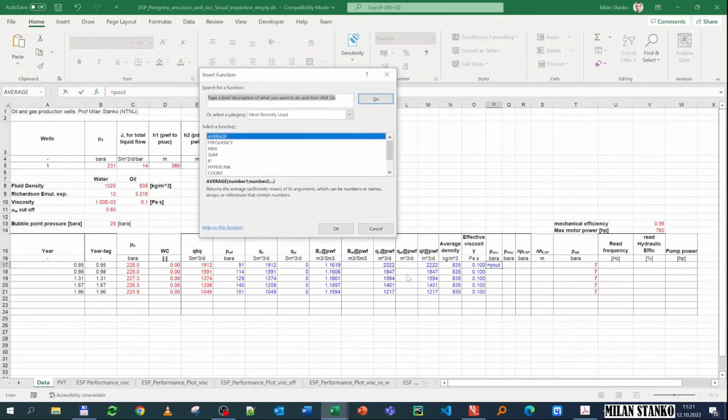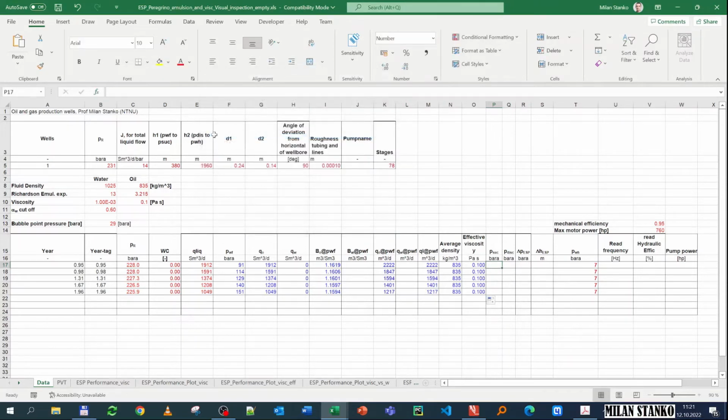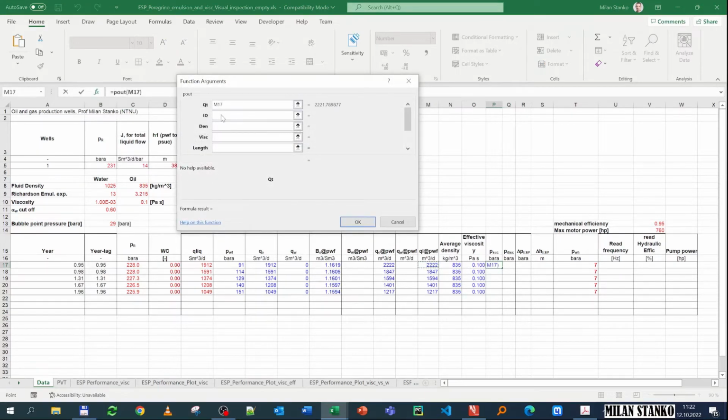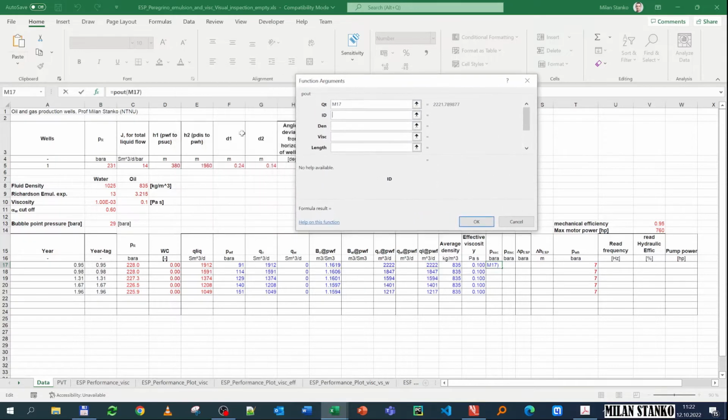So that will be P out. Here I have to provide, sorry, P out. And let's see what it requires. A Q, which is going to be this Q. Then the ID for that section is this guy here, and that I have to block. The density is going to be here.